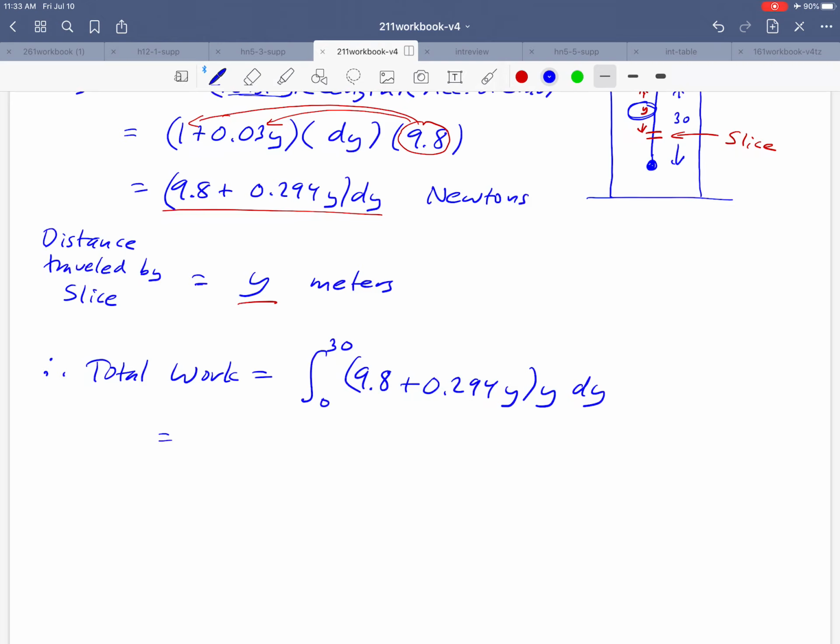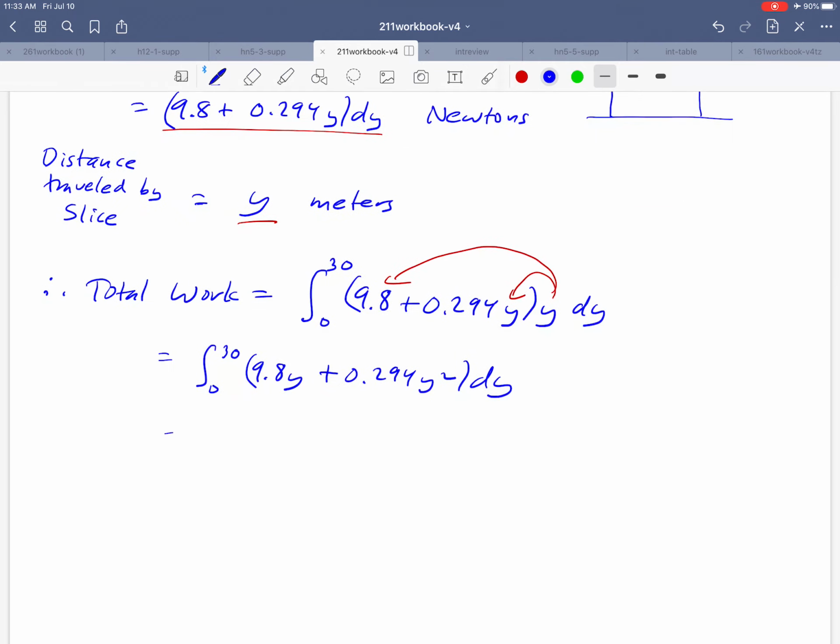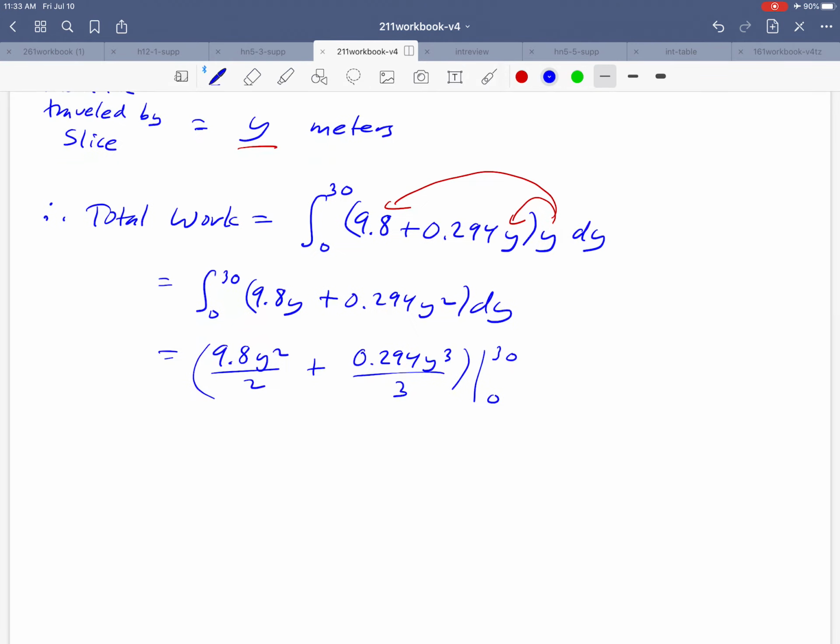The rest is calculating this integral. We might start by taking this y and distributing it through to make the integral easier to do. So we're going to get 9.8y plus 0.294y squared. Now we're ready to take antiderivatives. That's going to give us 9.8y squared over 2 plus 0.294y cubed over 3, and we need to evaluate between 30 and 0.